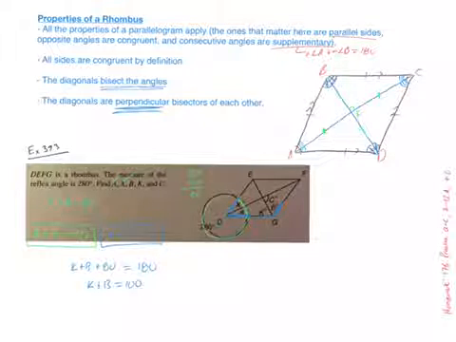So that means this line here and this line here are perpendicular, which means they meet at a 90-degree angle, which means all 4 angles there are 90. So the last thing I'm looking for is C is equal to 90. And there are my 5 pieces.